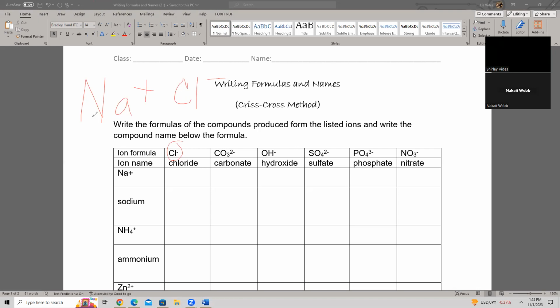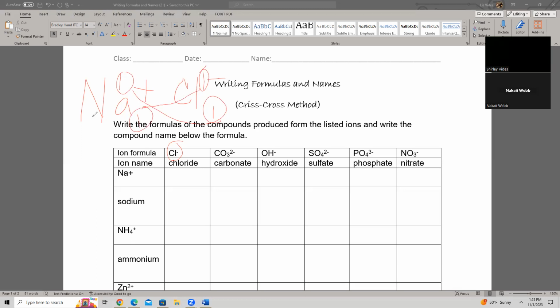The second step is to take the charge, without the negative or the positive, just a number, of those two. And obviously that is missing, but we can always know that there's a one there, right? And put it as a subscript on the nonmetal, and take the number on the nonmetal and put it as a subscript on the metal.